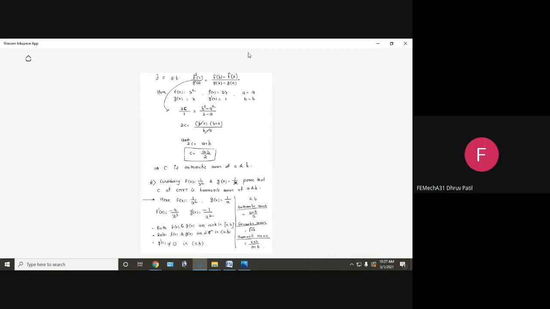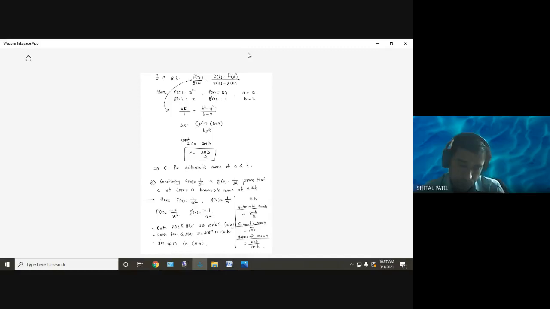So it is the multiplication of AB, AP and GP. Correct. What do you want to say? Multiplication of AP and GP? No, harmonic mean, the concept is different. Here we have written it for A and B only.